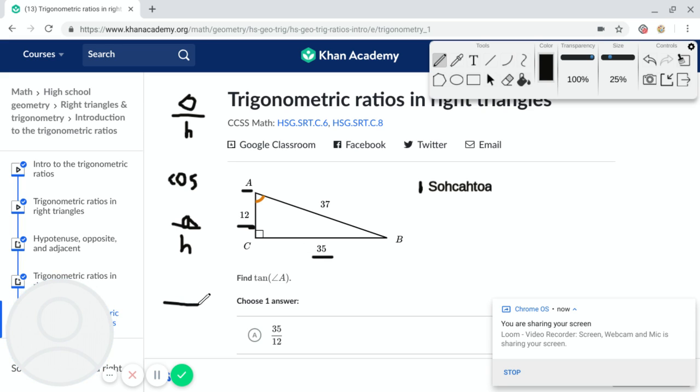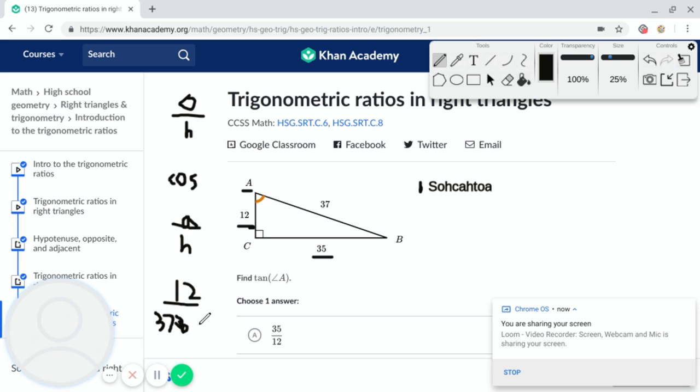So in this case, if we wanted the cosine of A, that would be 12 over 35. Wait, no, that's not the hypotenuse. 37 is, my bad. I don't know why I did that. Okay. I could have kept the 3 though, so I don't know why I didn't do that.